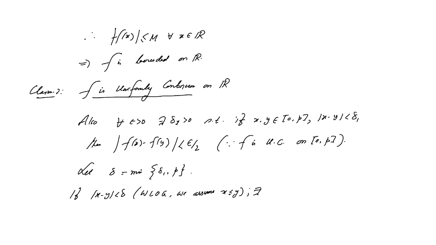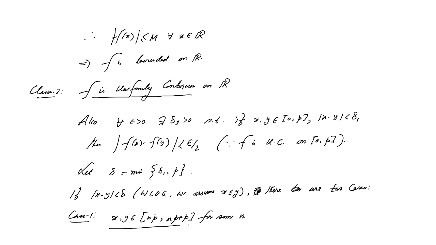So then there are two cases. Case 1 is basically x, y belong to [np, np + p] for some n.